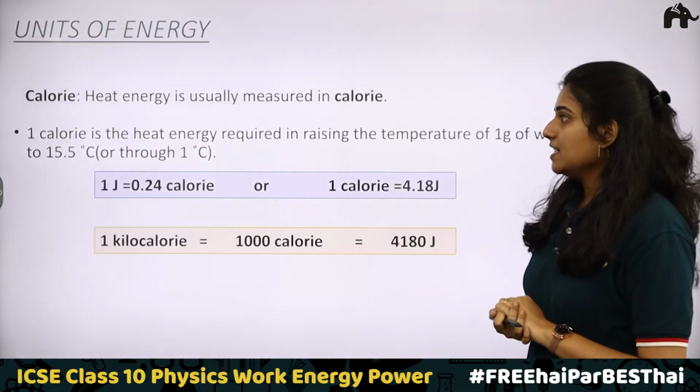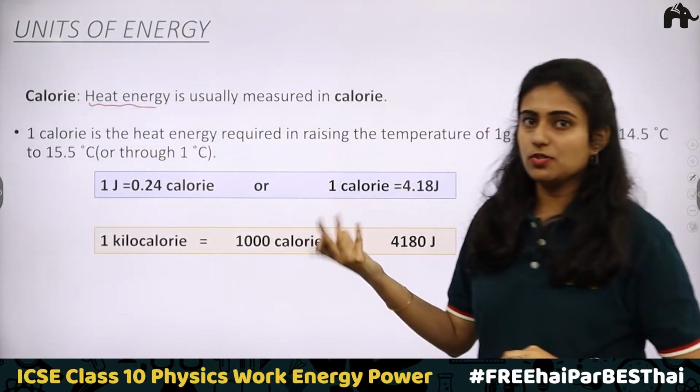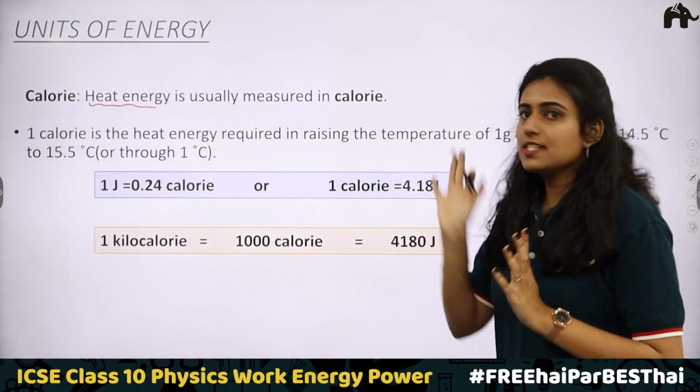Next unit of energy is calorie. Calorie is used mainly in case of heat energy, which is usually measured in calorie. So what is 1 calorie?